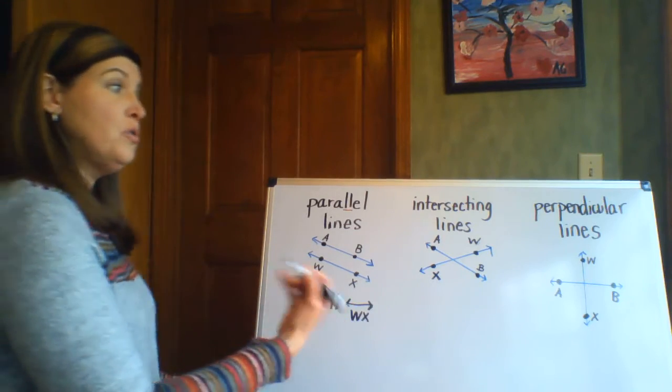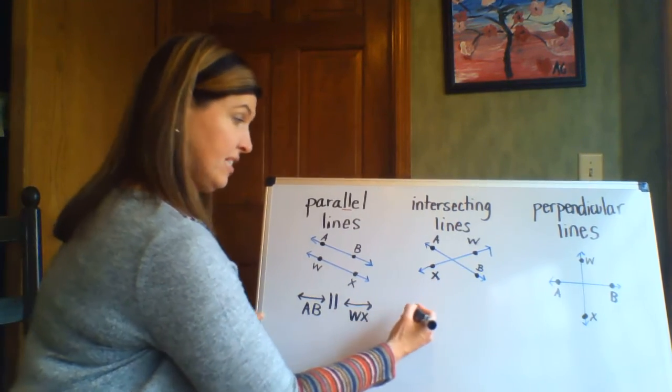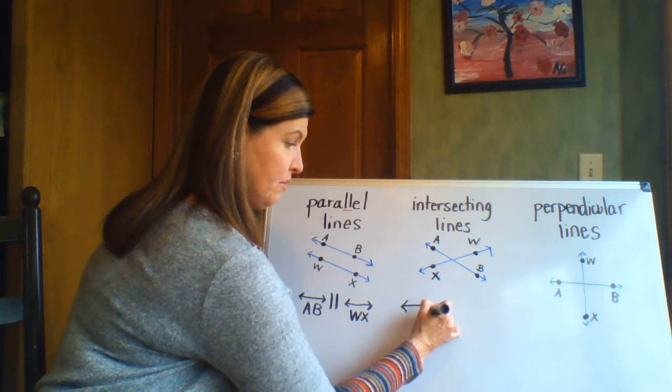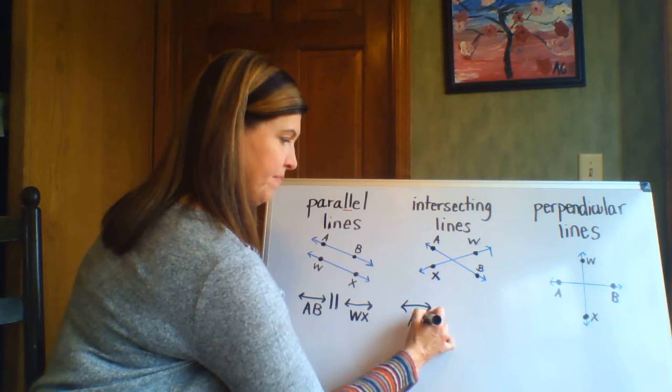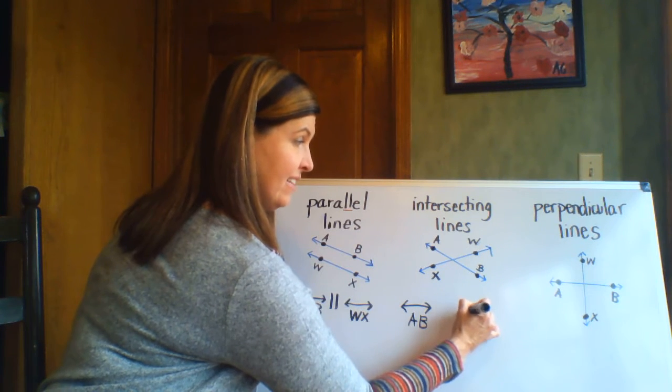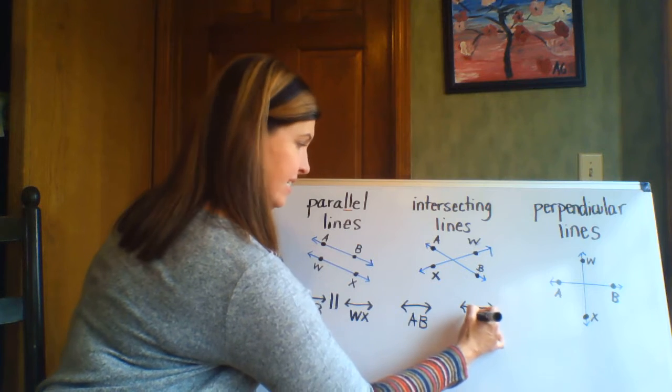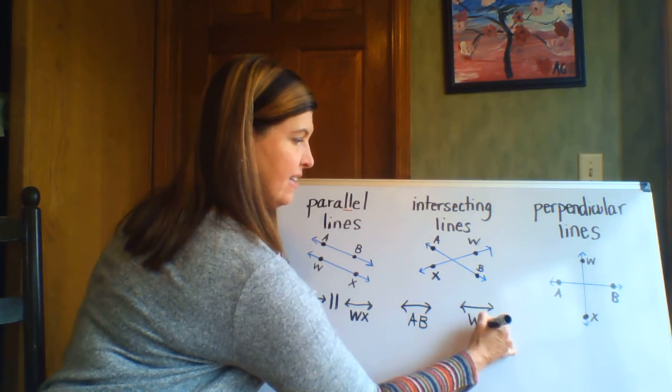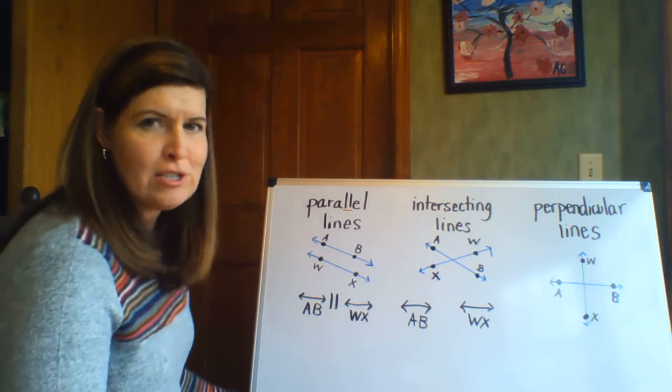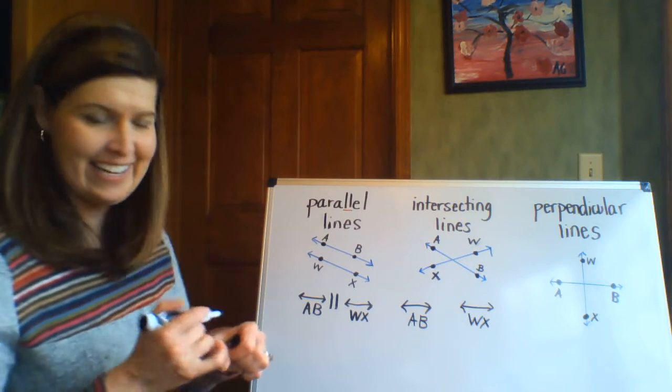If I was going to write this, I would do the same thing. First I'm dealing with line AB and line WX. Now in the middle, there's no symbol for intersecting.